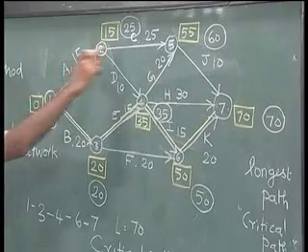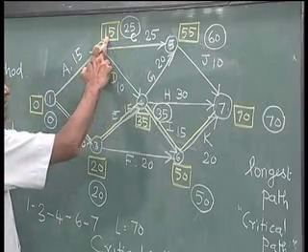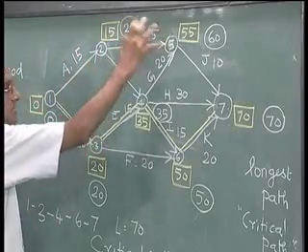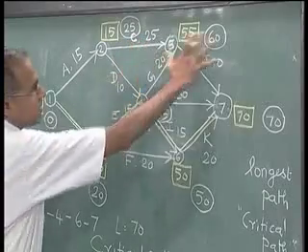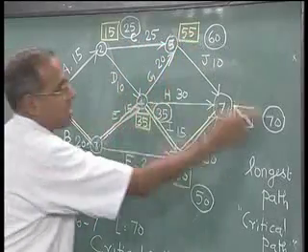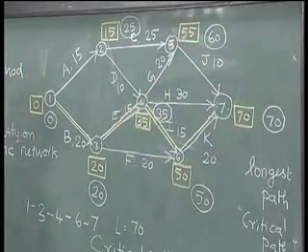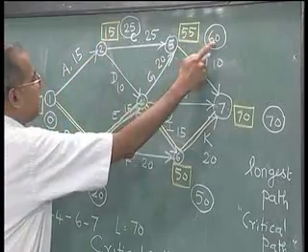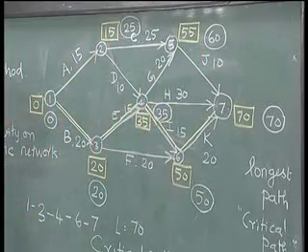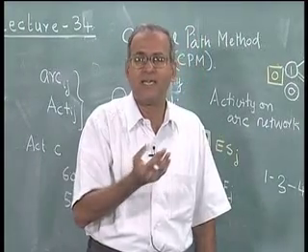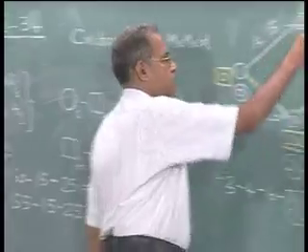If it is scheduled in such a way that it ends after 60, then the critical path will be affected. But within this buffer time of 45 time units, 25 is the duration that is required, so there is an excess buffer of 20 available.